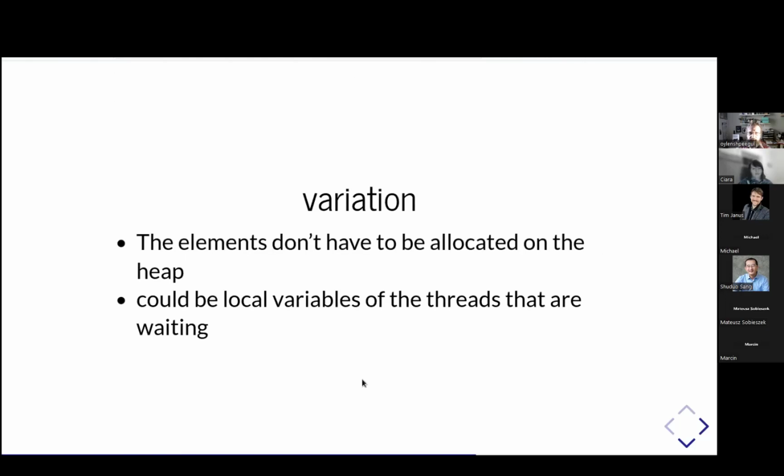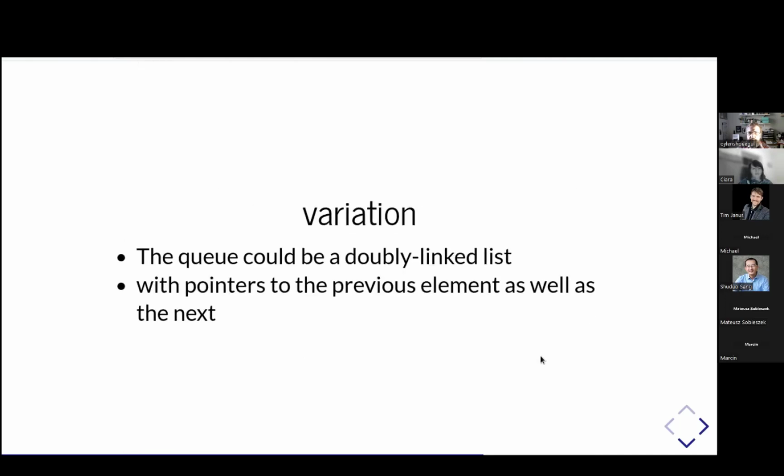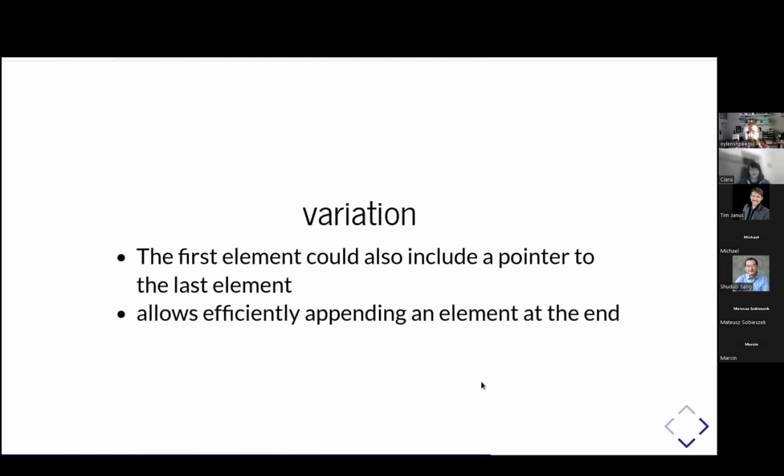We don't have to put things on the heap. We could use local variables in the thread. We could have a doubly linked list with pointers to the previous element as well as the next. And we could also point from the first element to the last element, and that would give us an efficient append.